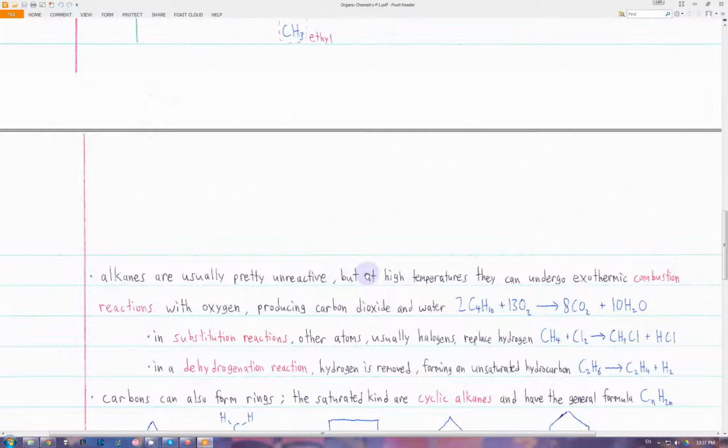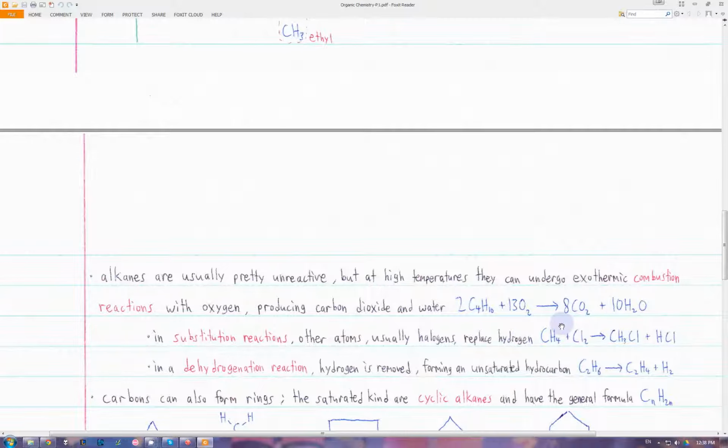But when we get to high temperatures, they can undergo combustion reactions with oxygen, which of course produce carbon dioxide and water. 2 other types of reactions include substitution reactions and dehydrogenation reactions. In substitution reactions, one of the hydrogens in the alkane is replaced by another atom, usually a halogen.